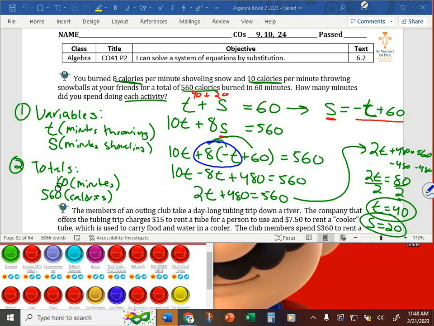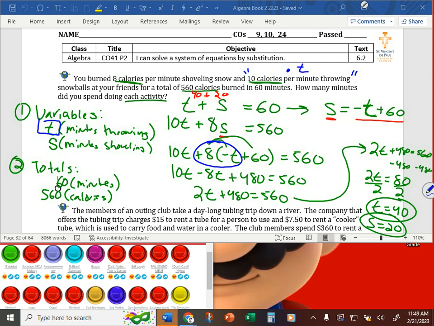Ellie. The 10 here? Yeah. So the 10 calories per minute throwing, that's an expression there, right? If our minutes throwing is represented by the variable t, and you burn 10 calories per minute throwing, remember this word per means that you're multiplying, right? Minutes throwing is our variable t, that's what we've assigned it here.